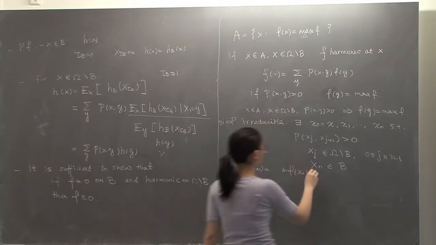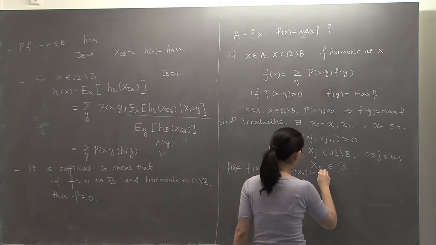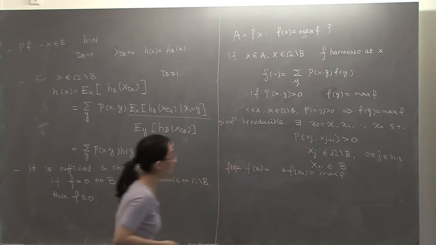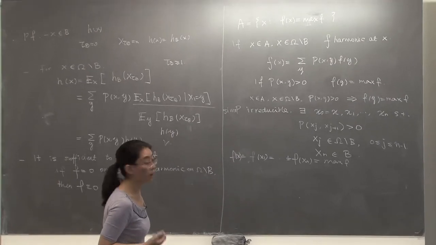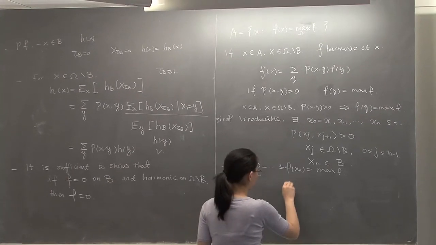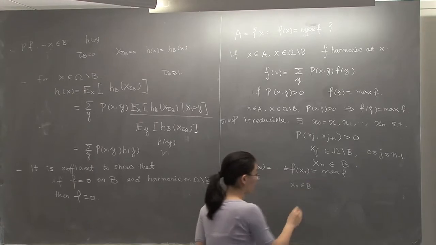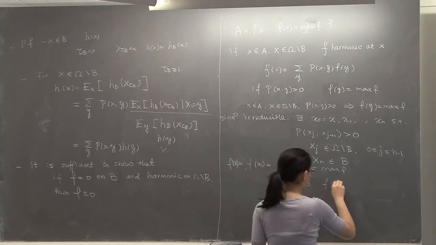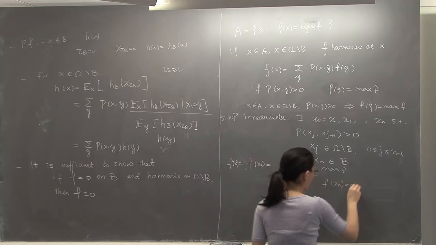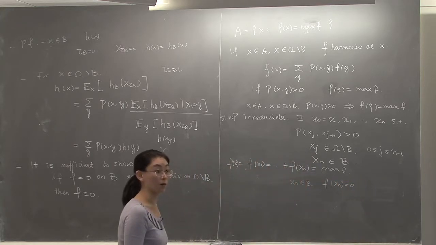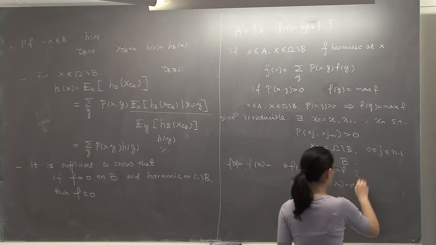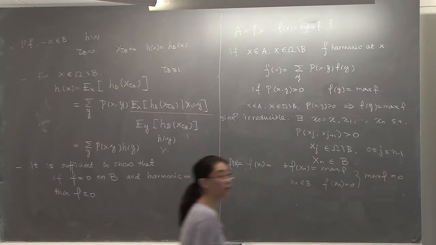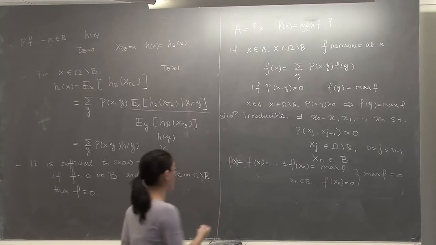So we just repeat the same argument as in the first step. However, we also know that xn is inside B, and we assumed that f is 0 on B. So fxn is 0. Combining these two, the max of f is 0, so f is negative everywhere.